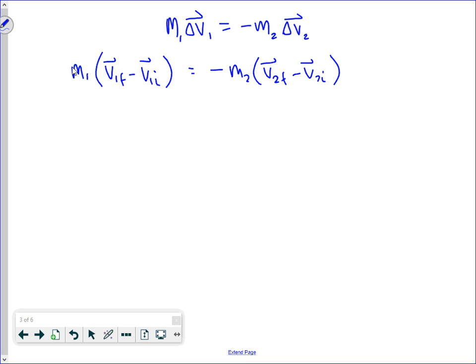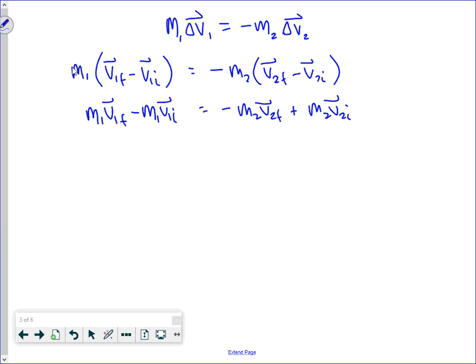Let's distribute: m1 v1 final minus m1 v1 initial equals negative m2 v2 final plus m2 v2 initial. Oh, sorry, I put up something totally wrong over there. Thank you. Now that's normal algebra.